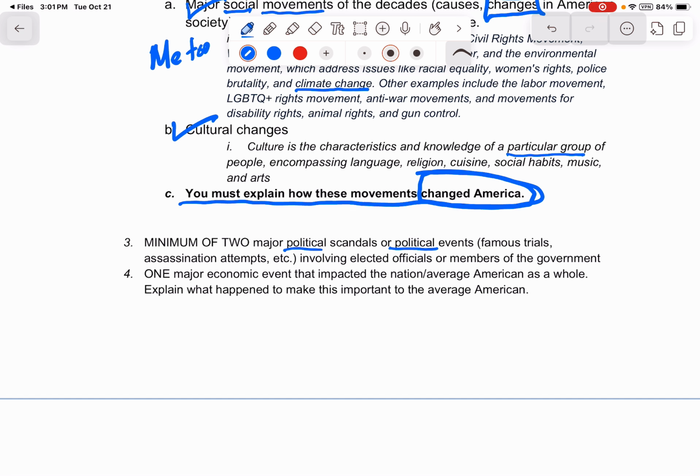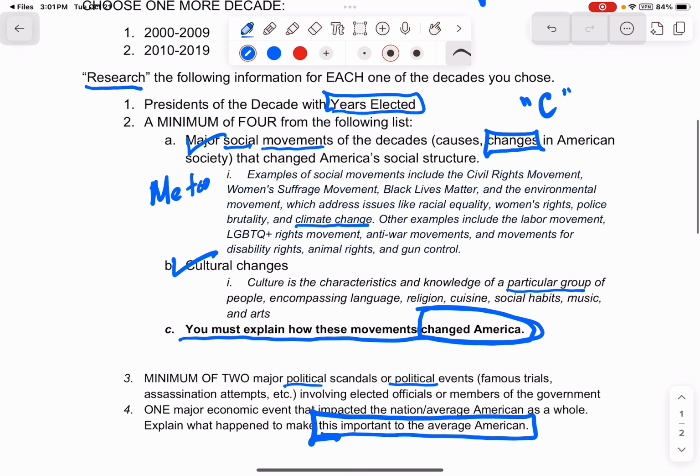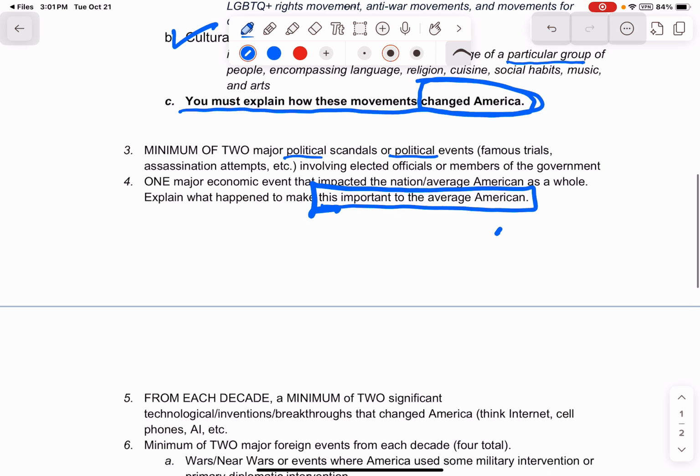Explain what happened to make this important to the average American. I'm going to give you a clue. If you're doing 2000 to 2009, you want to look up the year 2008. That's one thing.